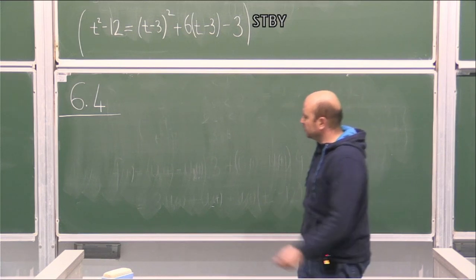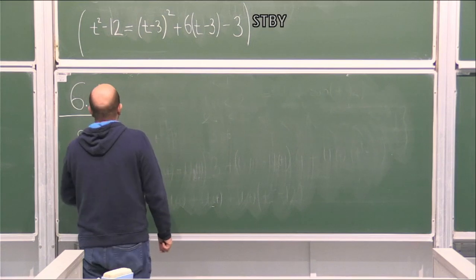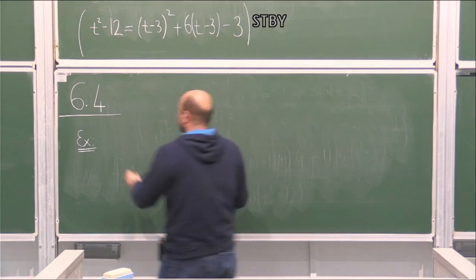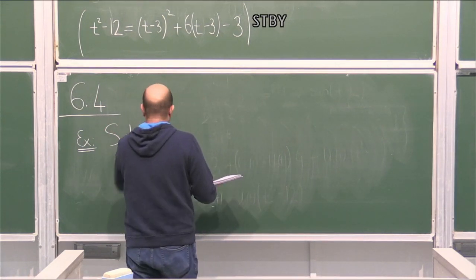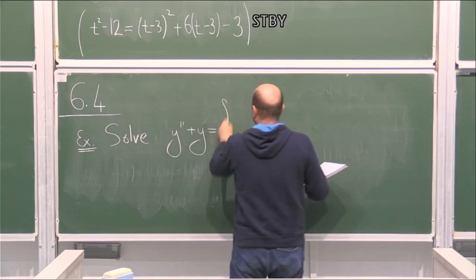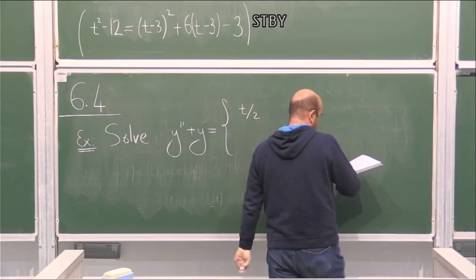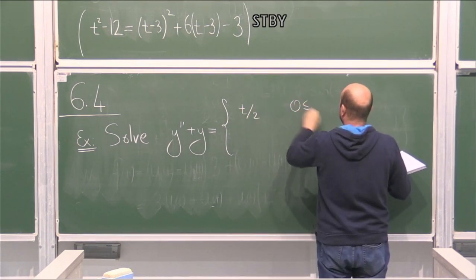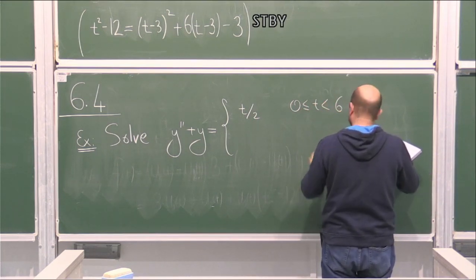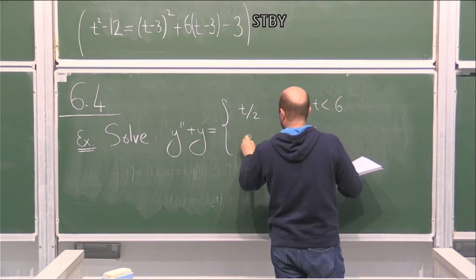So I will just do an example. Let's solve the following initial value problem. y double prime plus y is equal to t over 2 when it is between 0 and 6, and when it is after 6, it is 3.